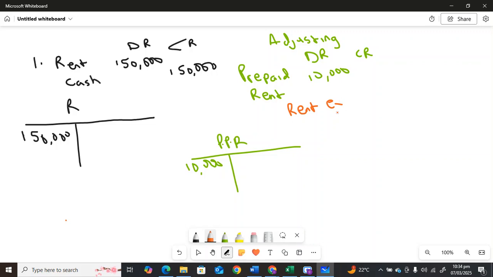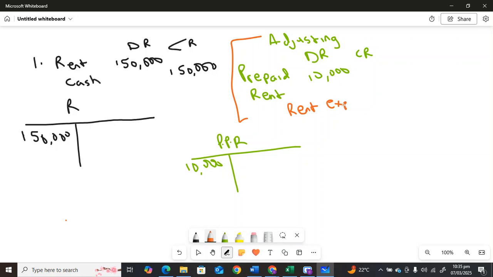10,000. As I just said, subtract the prepayment from the expense and add it to the balance sheet. This is what this adjusting entry is telling us exactly: deduct the prepayment from the expense and include it in the balance sheet.